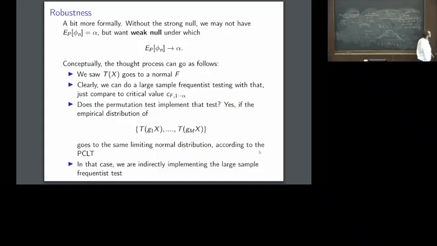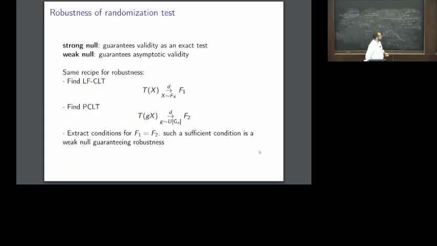Clearly, we can do a large sample frequentist test and just compare the critical value to that of the resampling distribution. Does the permutation test implement that test? Well, tautologically, yes, if the histogram of my randomization distribution goes to the same limiting normal as my test statistic according to the PCLT. In that case, we're inadvertently implementing the large sample frequentist test.